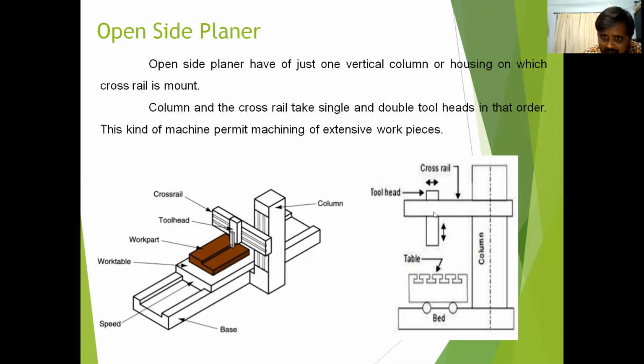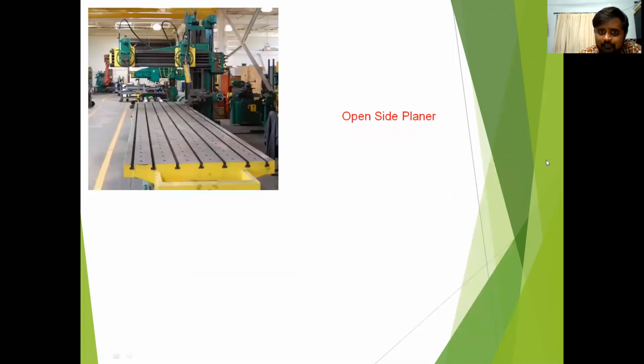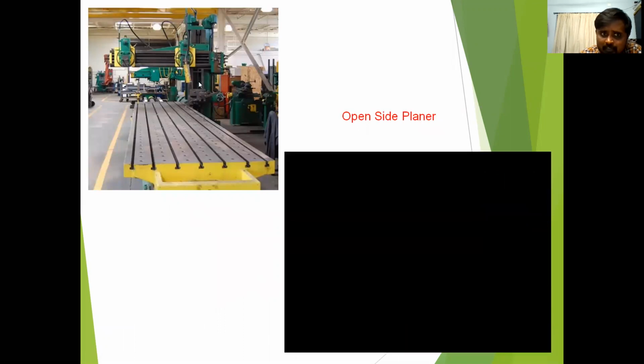Let's see here. This is a cross rail. Either you can use a single tool head or multiple tool heads, that depends upon the application. And this is used for the machining of extensive workpieces. So here this is the work table, and only the single column is there, the other side is open.